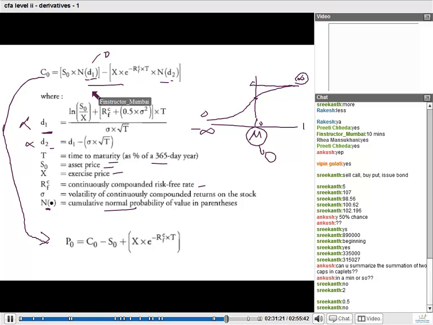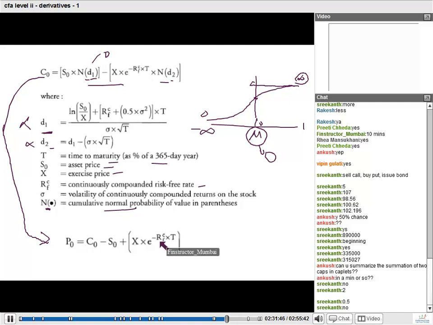You can imagine it the other way also: if the interest rates are high, that means stocks are also expected to perform well in the future, because stock returns should at least exceed the risk-free rate of return. So as rates increase, so does the value of a call option, and the value of a put option will decrease. You can see from the put call parity, as rates increase, this term will decrease.